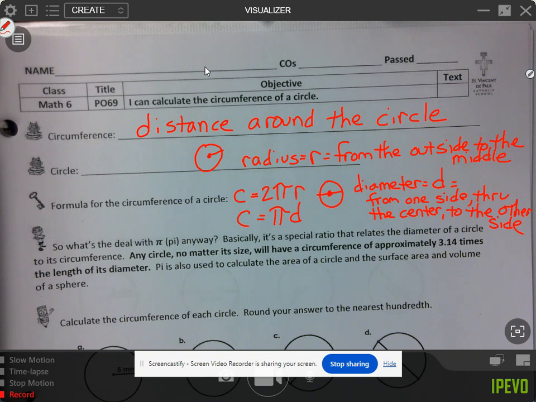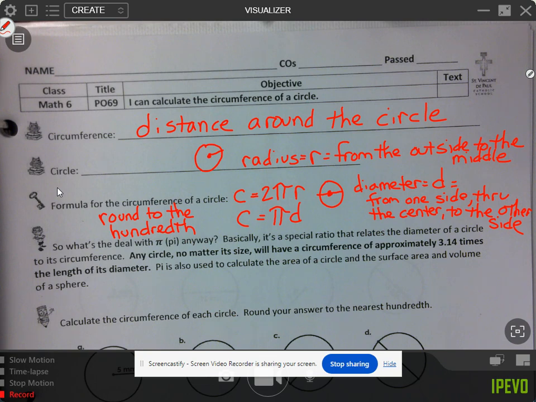Remember, what do we round to? We round to the 100th place. So, when we round to the 100th place, what place do we have to look at?